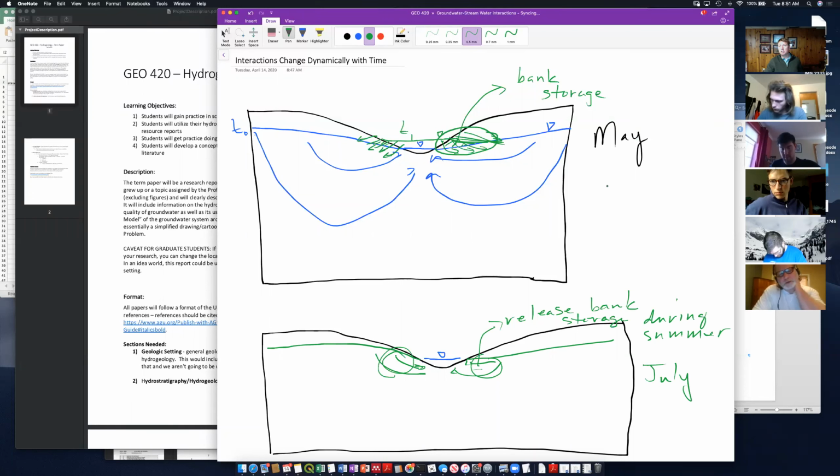So we change in May, right now, we're losing and storing water, to gaining reaches later in the summer.